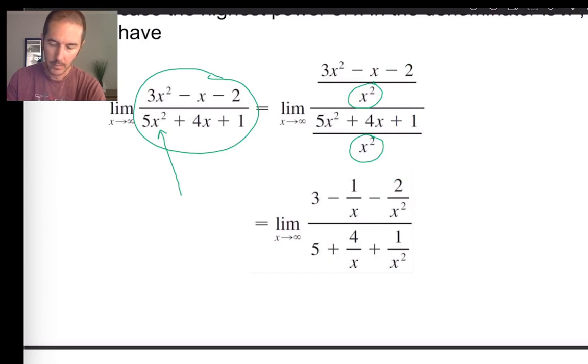In the denominator, 5x squared over x squared, the x squareds would cancel, leaving us just with the 5. 4x over x squared reduces to 4 over x. And the 1 is divided by the x squared. Can't simplify that at all, so we're left with a 1 over x squared in the denominator.